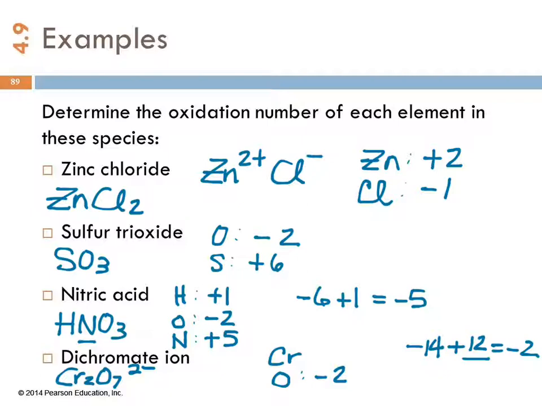So we divide it by 2, and each chromium must be +6. So you work through it that way, and then it's a good idea to check and make sure that that actually works out. So you look at this, okay, 2 times +6 is 12, and this is -14, and yeah, that adds up to -2. We're okay. Any questions?